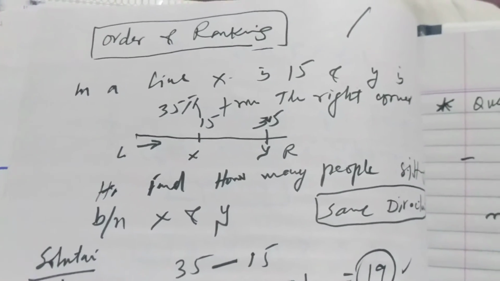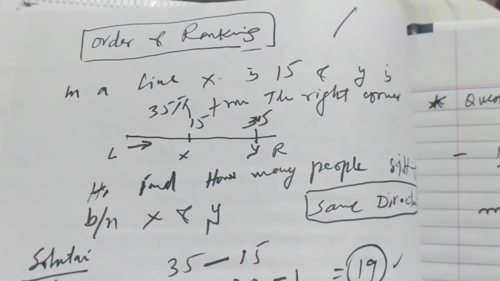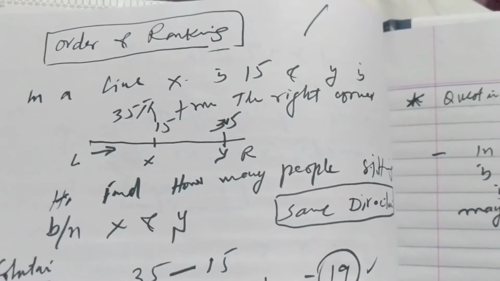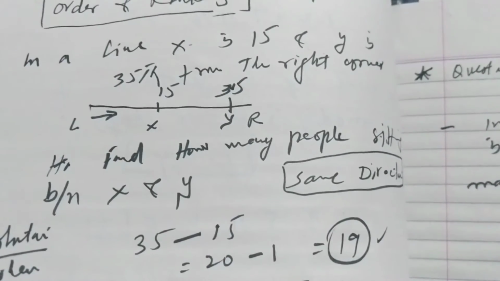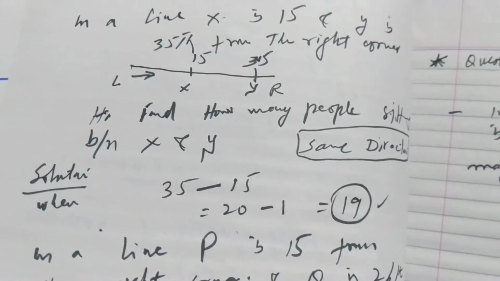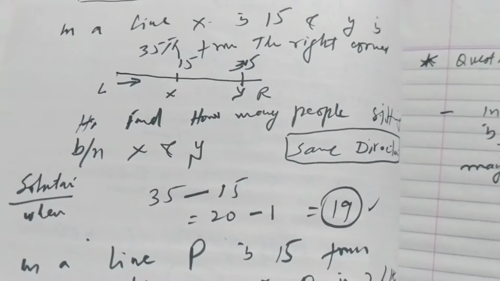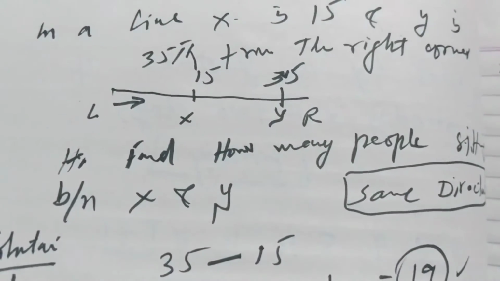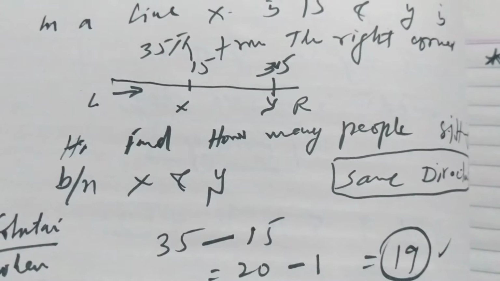In a line, X is 15th and Y is 35th from the right corner. Find how many people are sitting between X and Y. So the direction is from the right corner. We draw a line. Here is left and here is right.